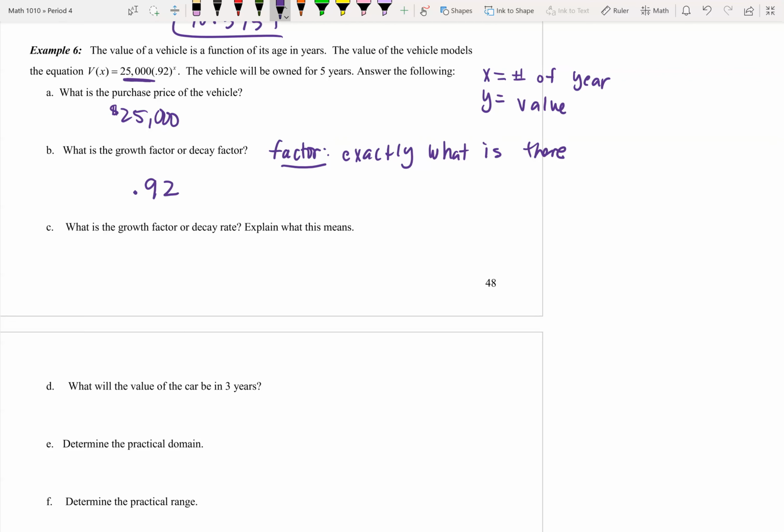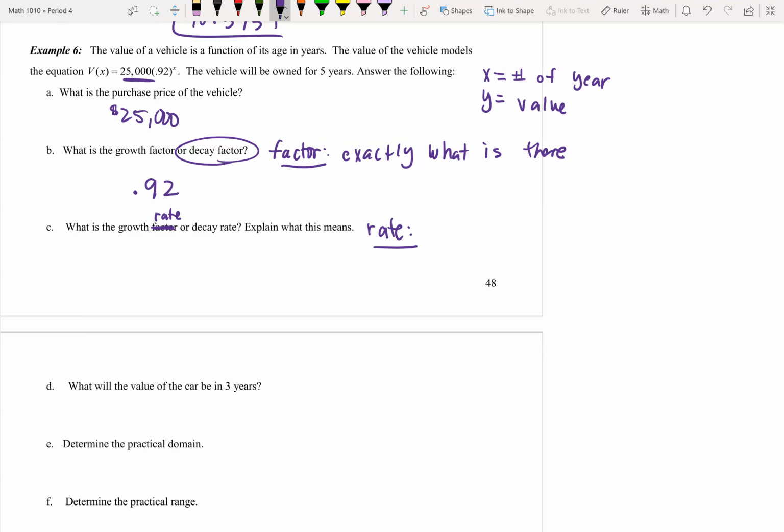Do I have a growth factor or decay factor? This is going to be decay, right? Because it's getting smaller. We already talked about that. What is the growth rate or the decay rate? Cross that out and put rate. Okay, now this is important. To find this, write down the word rate.